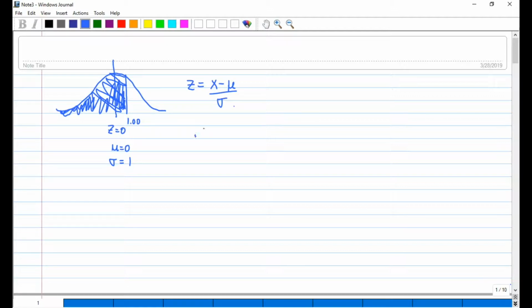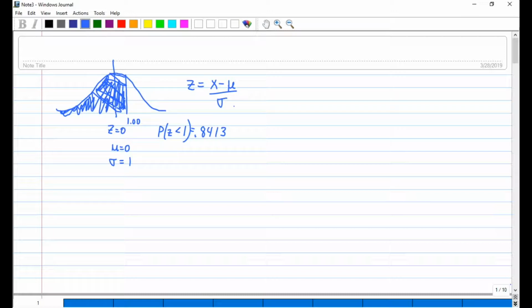So 0.8413 would be the probability that you could say x or z, if we were using a standard normal distribution, is less than 1. All right, what we were doing, it was x, right, because our x was equal to z. But still, the probability is 0.8413. That means that about 84.13% of the area under the curve here is shaded.